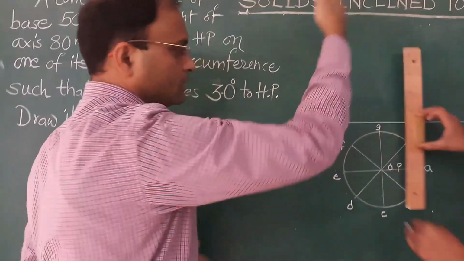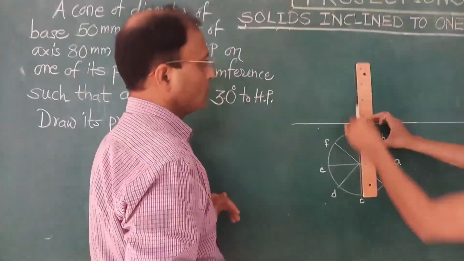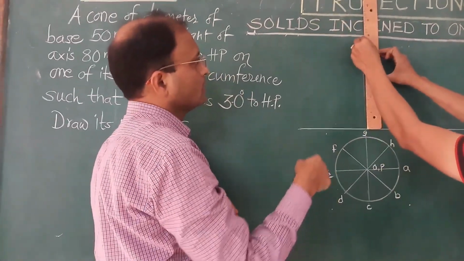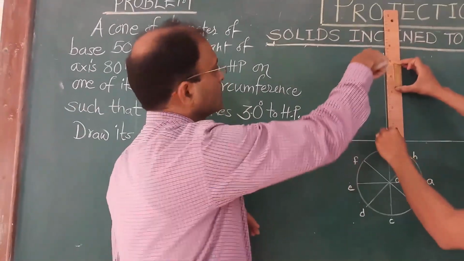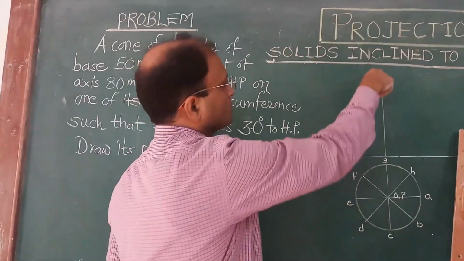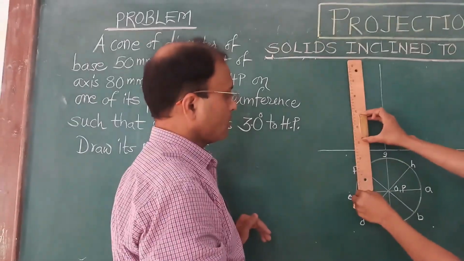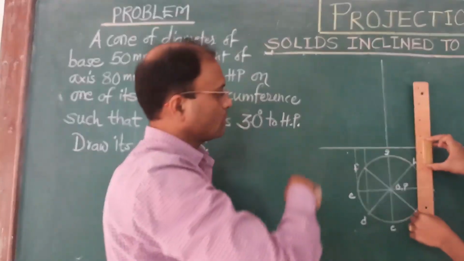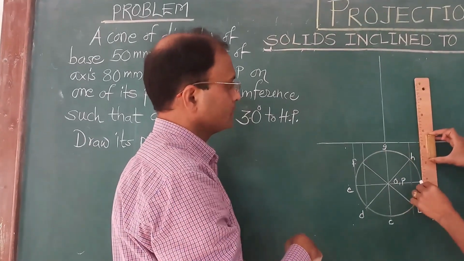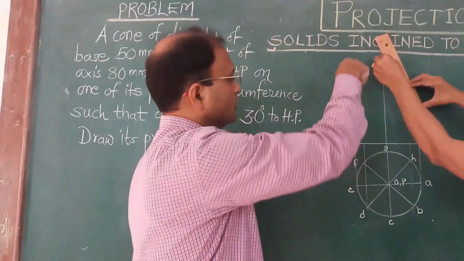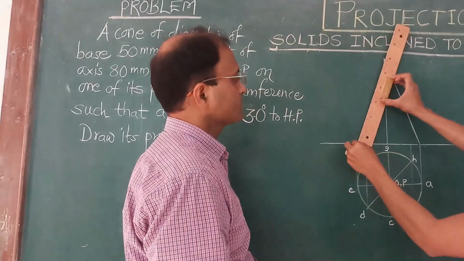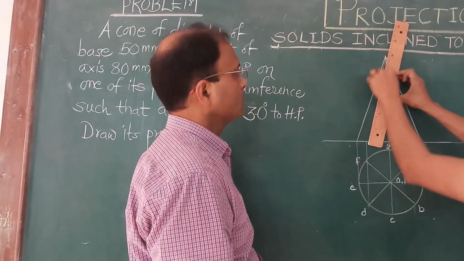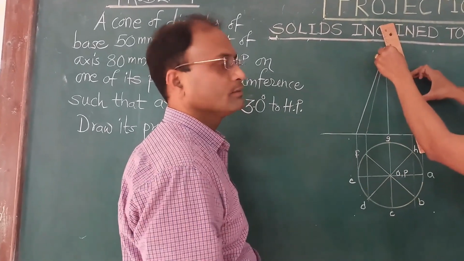So draw projectors through all the points. First of all, mark axis in front view, and along the axis mark height equal to 80 mm. So draw remaining all generators by projecting all the points of base on XY line. Then join all these points with the apex. Generators are always thin lines.